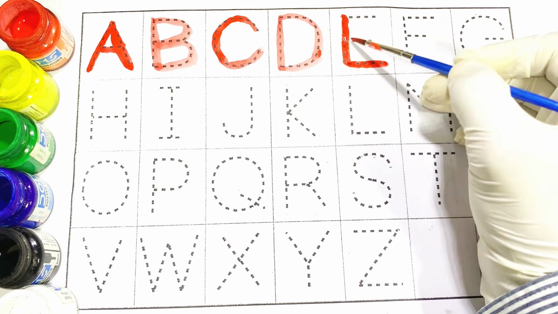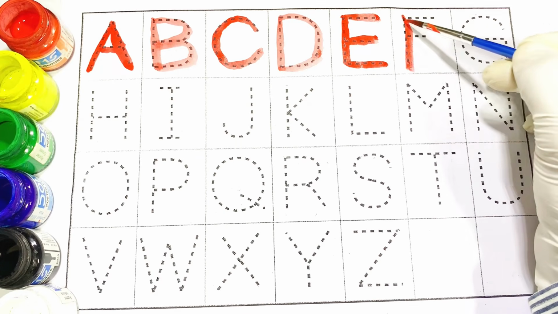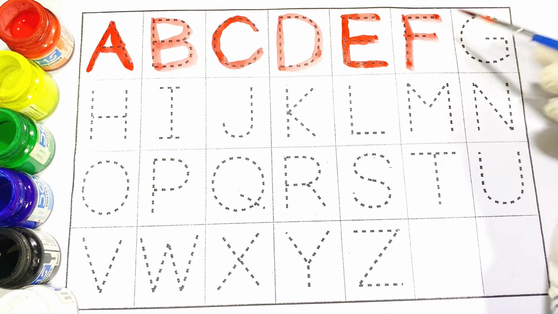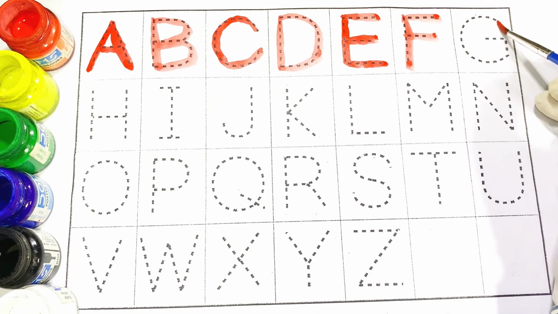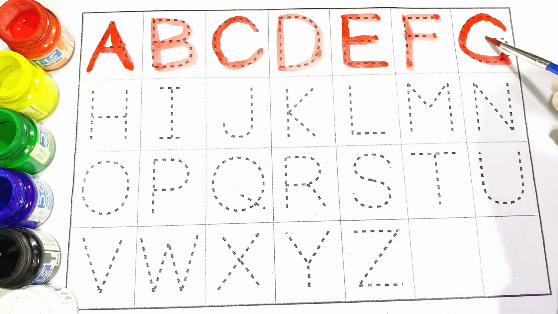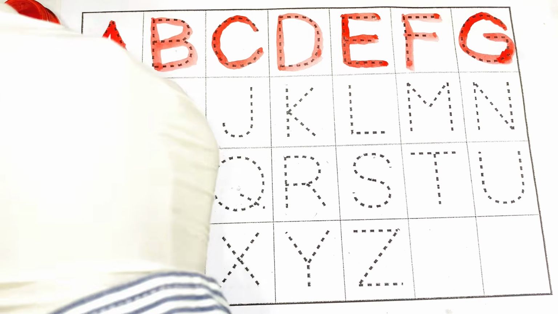E for elephant. F for fish. G for God. Kids now draw H and use yellow color.